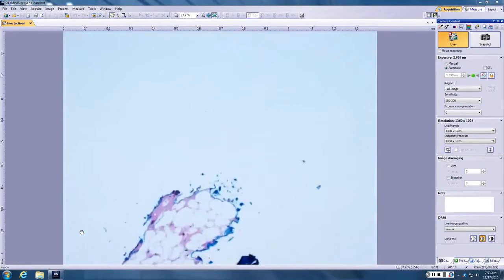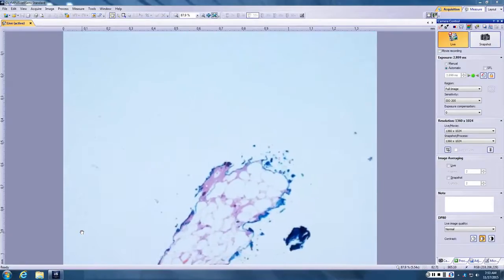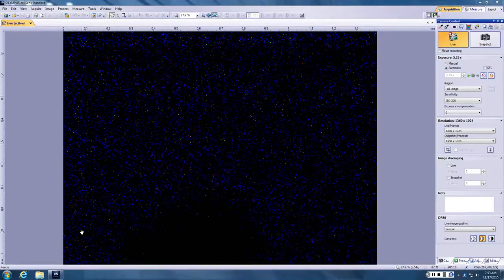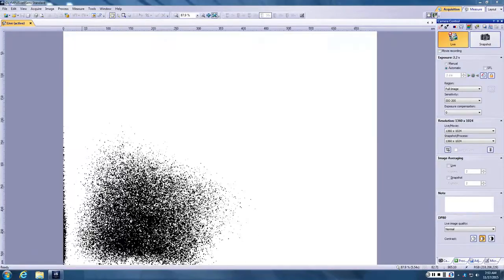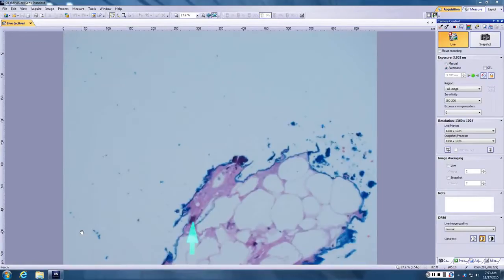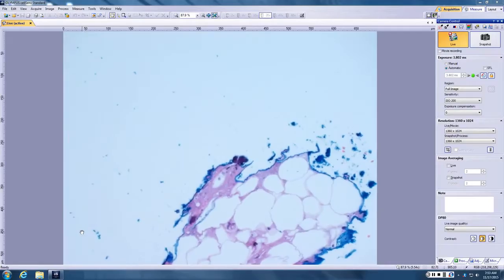But if you look in the sub-Q fat here, what's this blue chunky stuff? So is it some type of embolus from elsewhere? Yeah, more calcium, and it's around every little blood vessel.